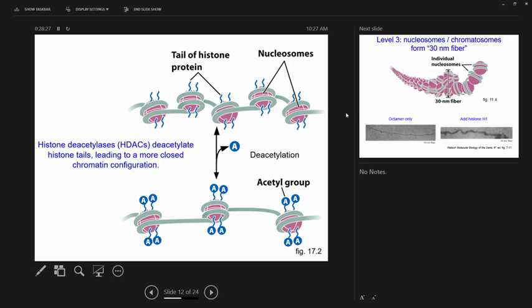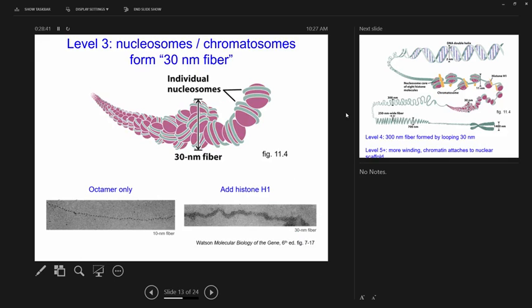All right, so, 10 nanometer fiber. Naked DNA is 2 nanometers. Wrap it around histones, that's beads on a string, 10 nanometer fiber. If you add histone H1, and it's not shown on this unfortunately, the histone H1 will make more of the linker DNA be grabbed onto by the histone octamer.